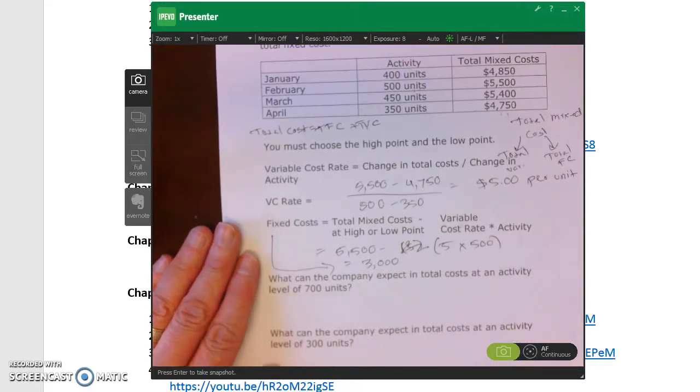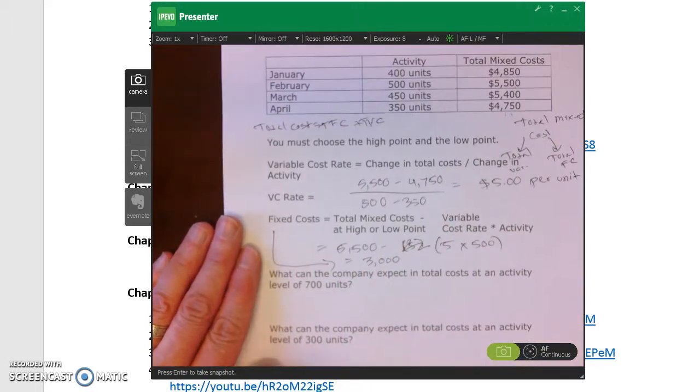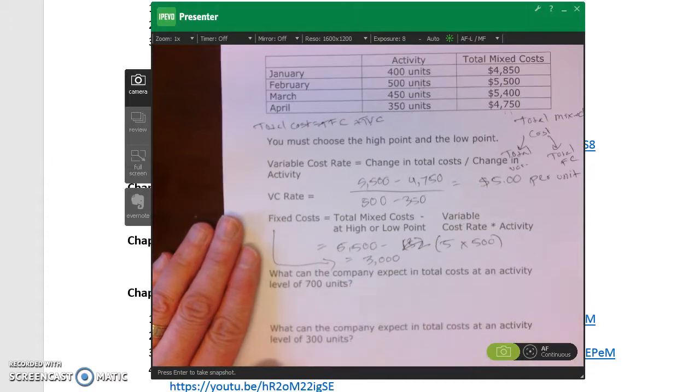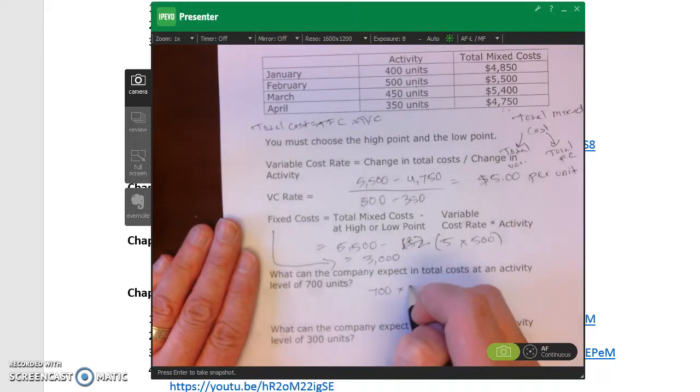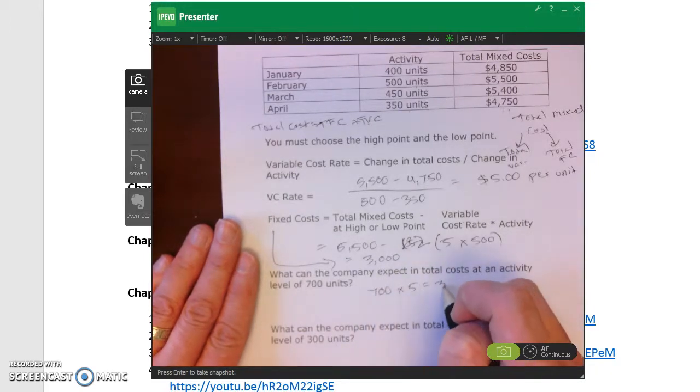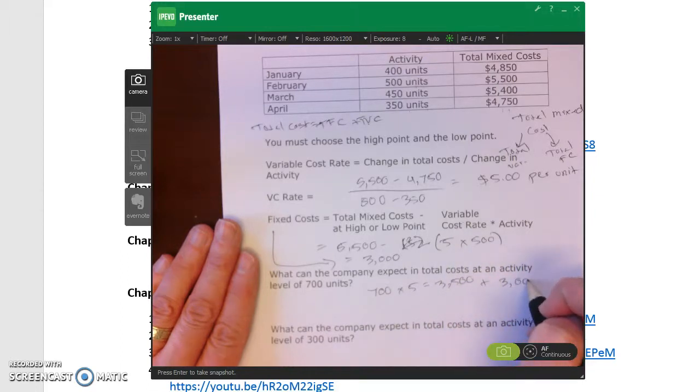Okay? Now we can use that to answer the question of what will the company expect in terms of total cost at an activity level of 700 units. Well, we know variable cost per unit stays the same, and total fixed costs stay the same. So what I can do is go my 700 times my 5, which equals my 3,500, plus my fixed cost of 3,000, which is going to give me $6,500.